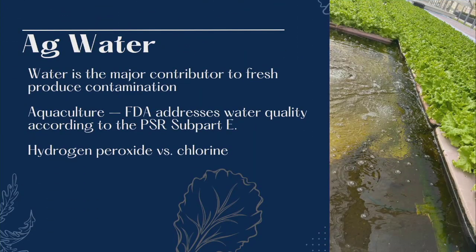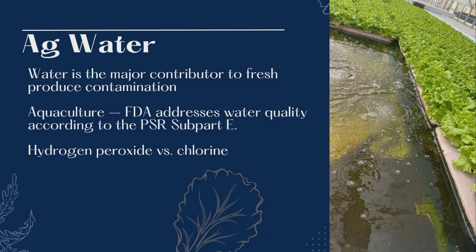And water, again, is a constant problem. It's unavoidable in this area, which is where the nutrient is incorporated. So it's a major contributor to fresh produce contamination. It needs to be watched carefully, and the FDA considers aquaculture.